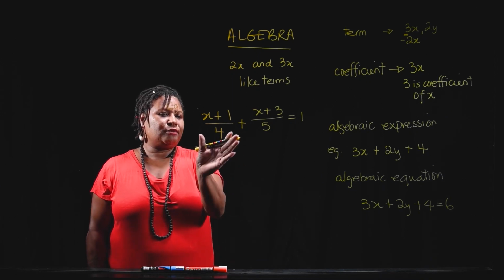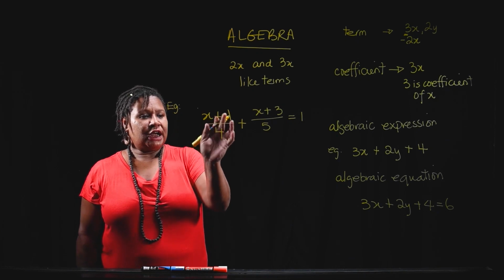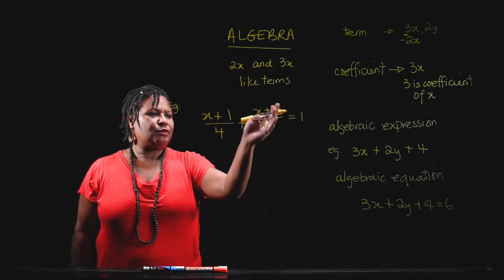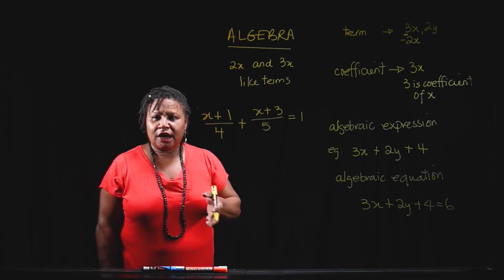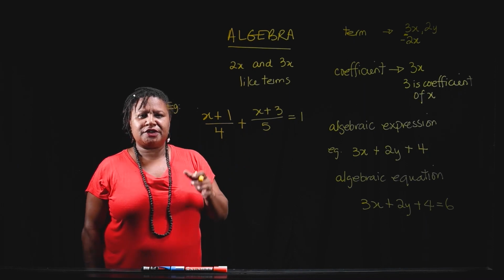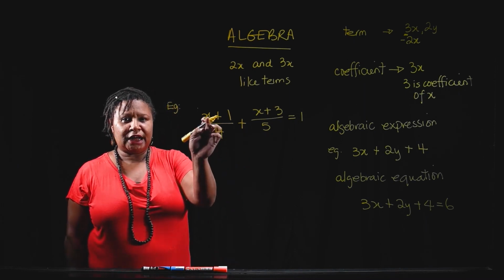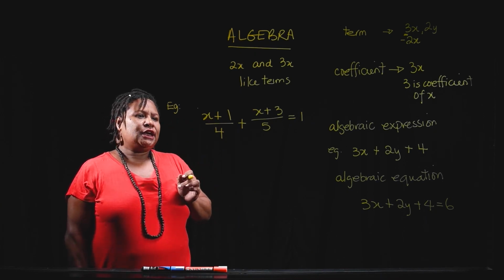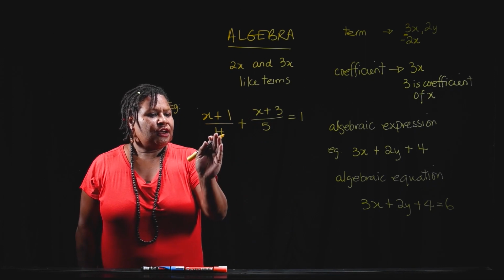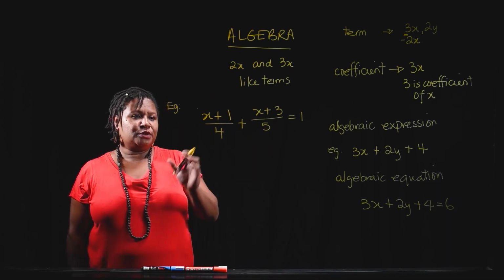We have one fraction here made up of algebraic terms, x here, and another fraction here with an algebraic term. Now, how do we solve this? Remember, when you're solving equations in algebra, you want to find out the value of that unknown. So, before you solve this, you need to remove the denominator. How do we do this?